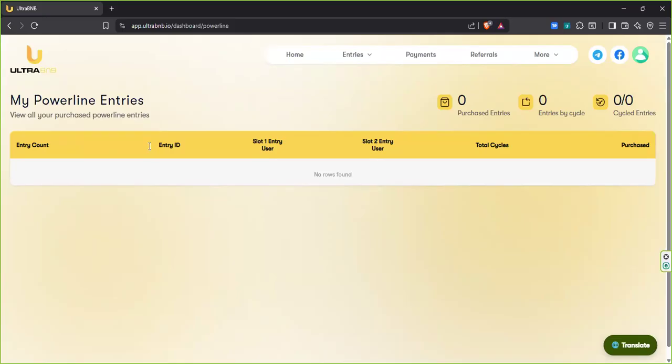Then under entry IDs, you'll see the entry ID for each entry that has been purchased. If you purchase entries over different periods, you're going to have different entry IDs altogether. If your first entry is entry ID 10, your second can be entry ID 20 or 12 or 11 or 15, depending on the time frame you made that purchase.